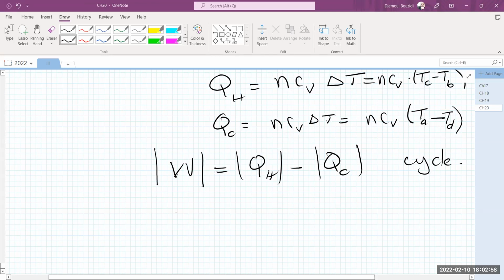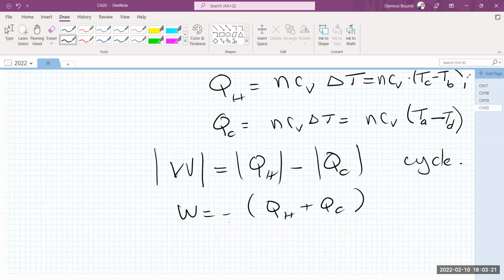Or if you wish, it's going to be minus QH plus QC. It's going to be the same value. Okay, except it's going to be negative in this case because QH is positive and QC is negative, but that difference is actually a negative. I mean, a positive times negative is going to be negative because that's the work done by the engine. So it has to be negative. Okay, although in the book they take the other way, the other convention.